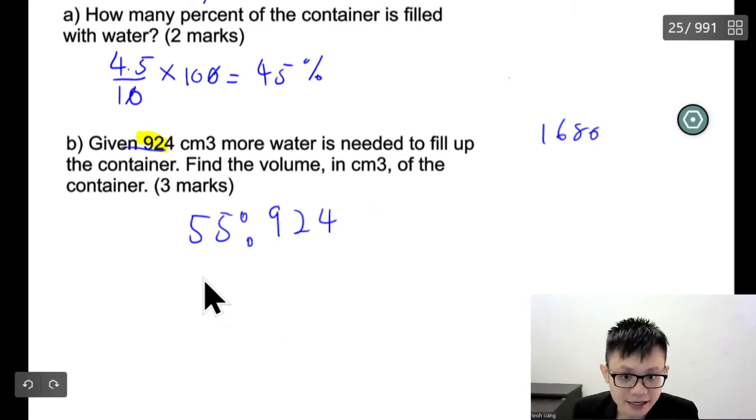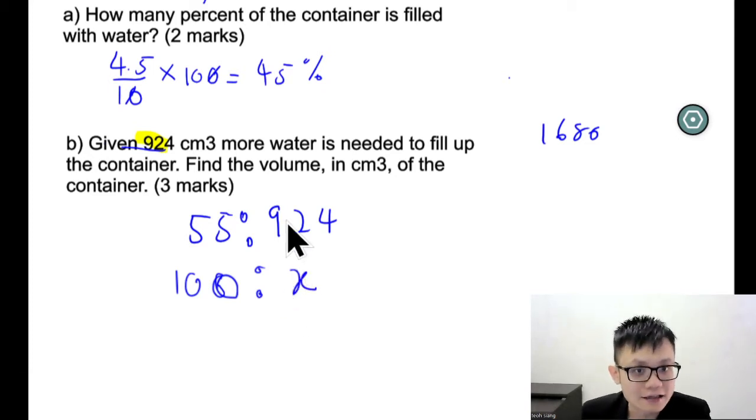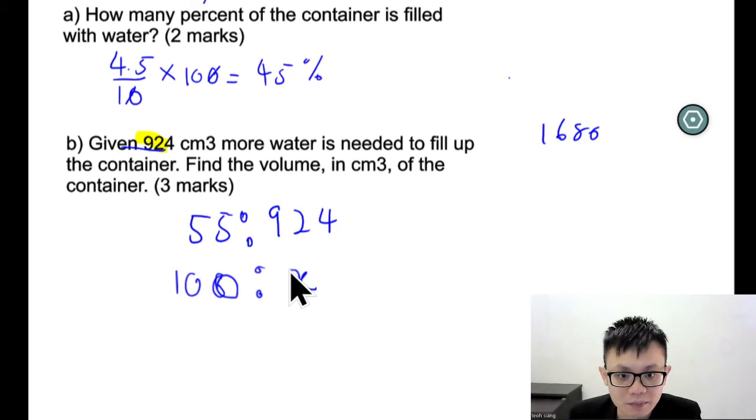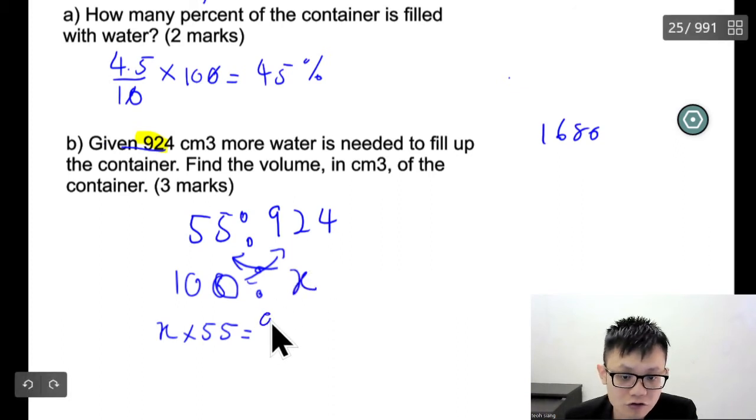If 100%, I put x. You just remember, do it like this. We just do ratio, I think it's easier. I hope you still remember, this one times up, this one times up. So x times 55 equals 92400. Correct or not?